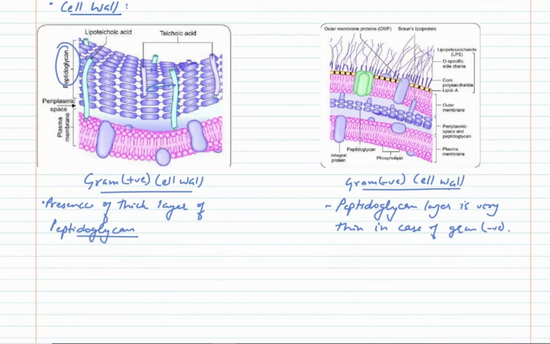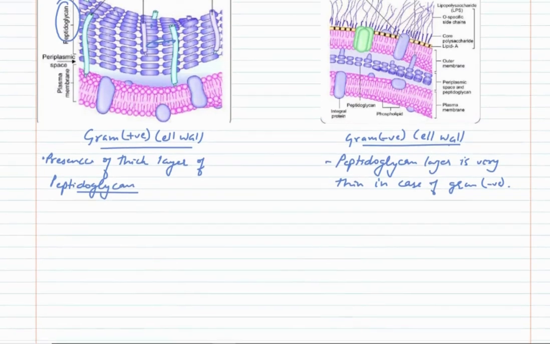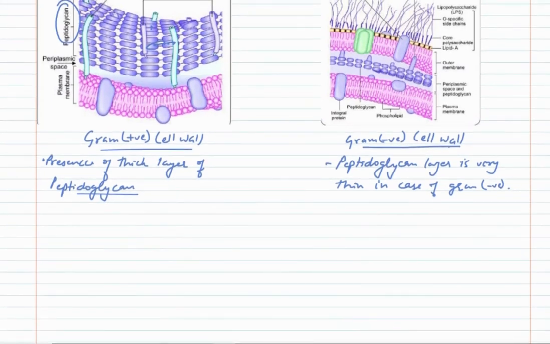This peptidoglycan layer is responsible for retaining the gram stain. So because the layer is very thin in gram-negative bacteria, they cannot retain the gram stain very well.